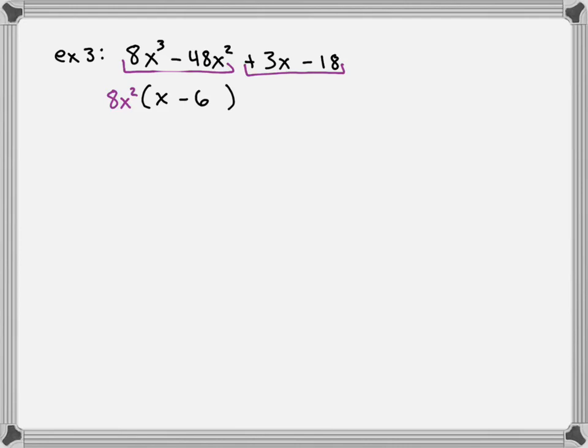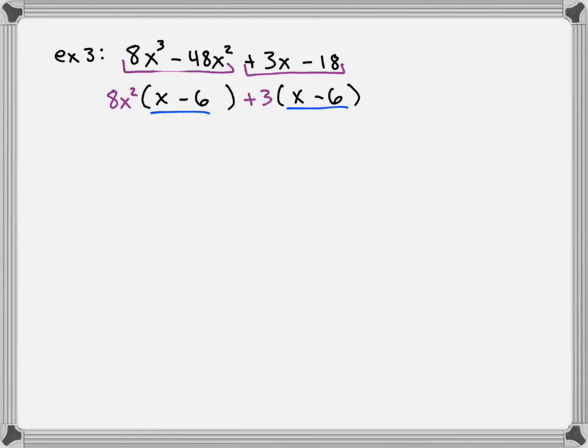I have no idea where we left off, so it looks like we just factored the first term, so we're looking for our GCF in the second term. Our GCF between 3x minus 18 is going to be a 3, so we can factor out that plus 3, leaving us with an x minus 6.